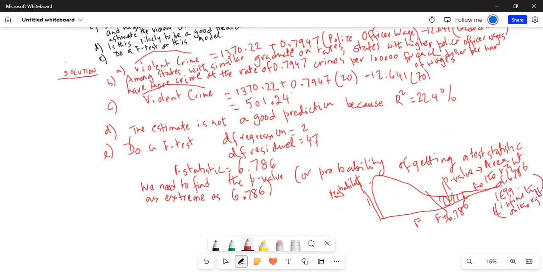E stands for exponent, 1 followed by 99 zeros. So we will find the p-value, which is the area to the right of 6.786, stretching from 6.786 to infinity on the right. And we need the 2 degrees of freedom. One is for the regression, the residual is 47.